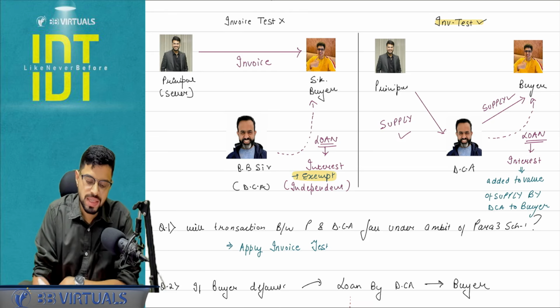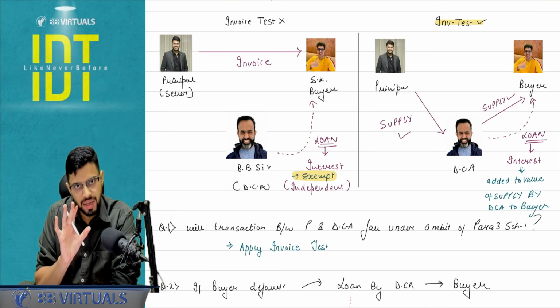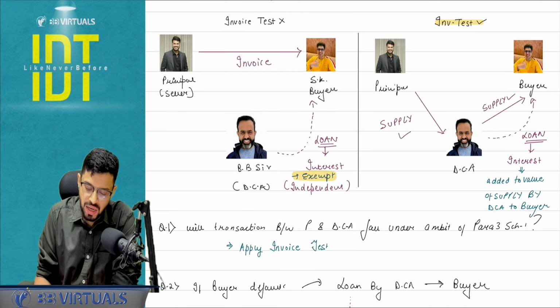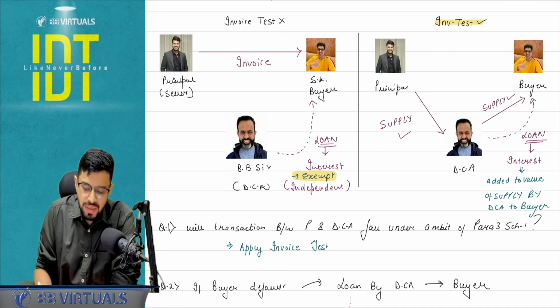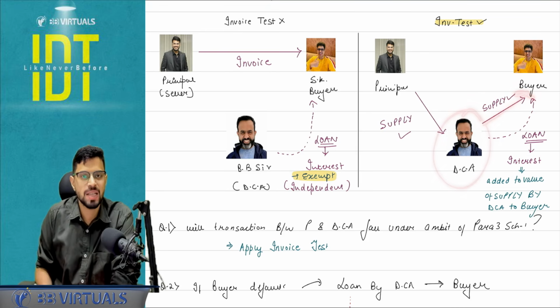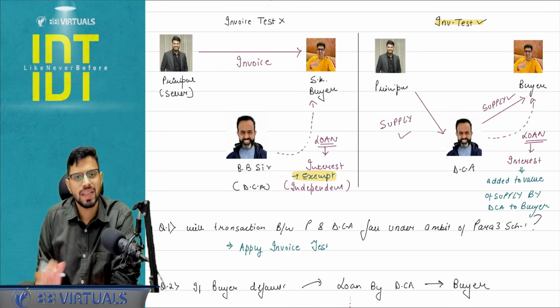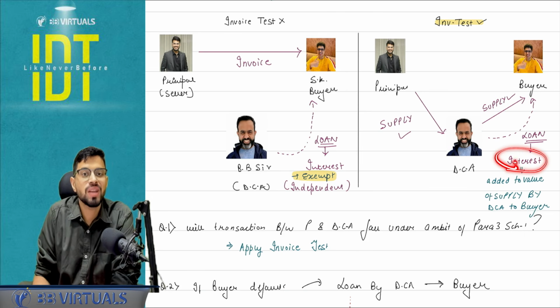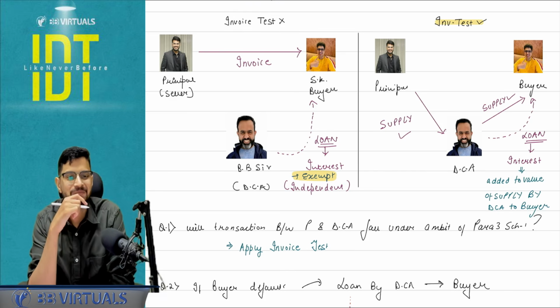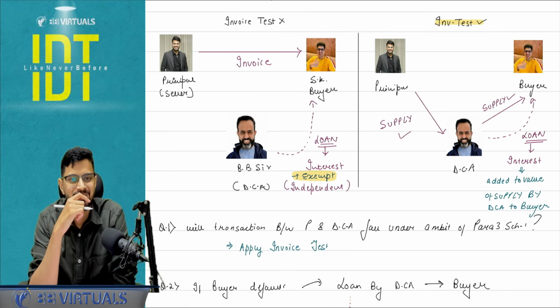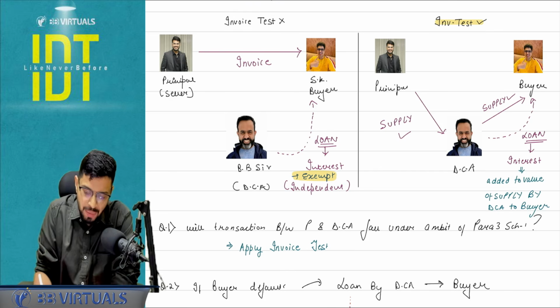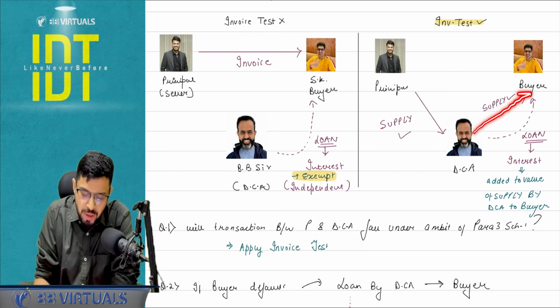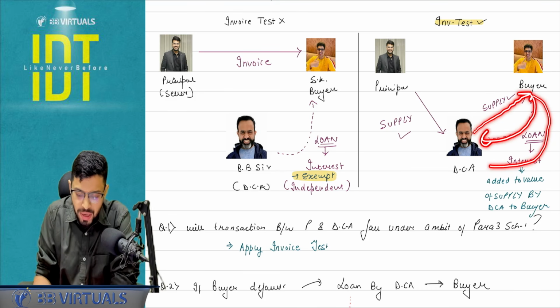Because in an ideal situation it is still interest on a loan, but the same person has supplied the goods as well. So the department says that somewhere or other, this interest becomes part of the consideration for the supply. Because supply is happening, goods have been sold against which the payment is going to happen, and the same person is paying interest as well.